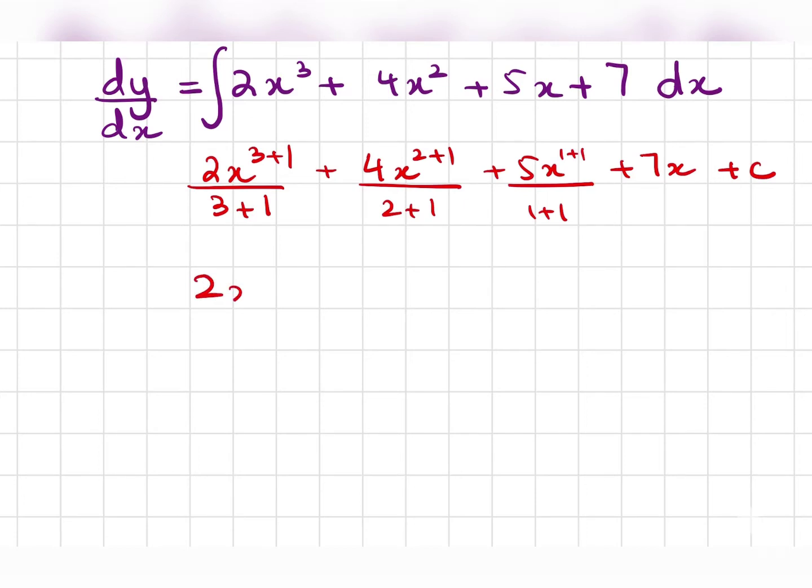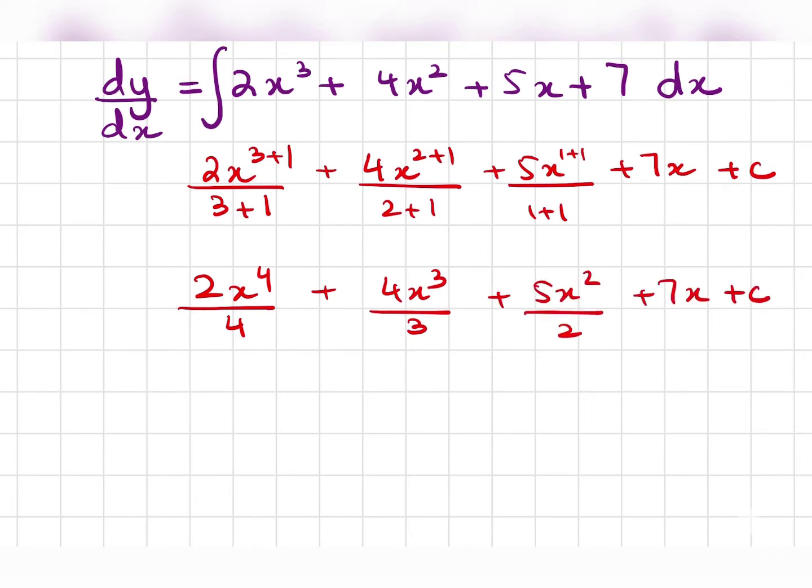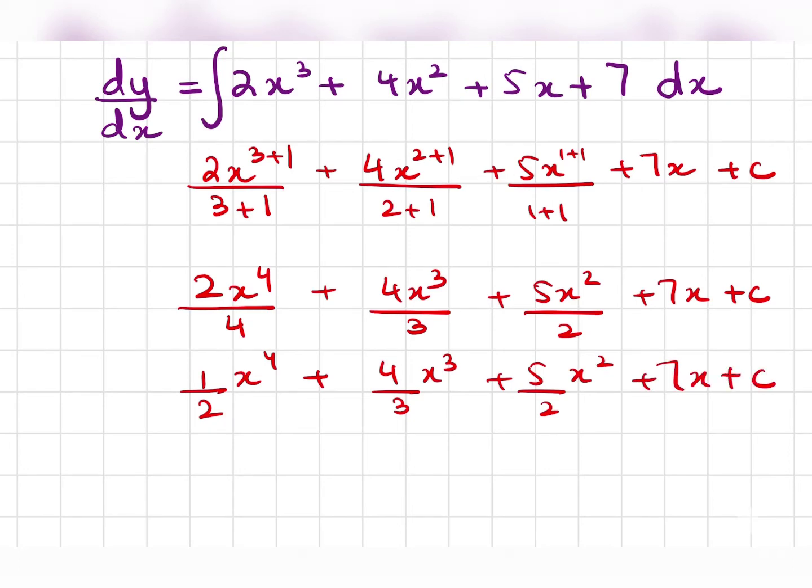So 2x to the power of 4 divided by 4 plus 4x cubed divided by 3 plus 5x squared divided by 2 plus 7x and plus c. This can further simplify into 1 over 2 x to the power of 4 plus 4 over 3 x cubed plus 5 over 2 x squared plus 7x plus c, and that's your final answer. See how simple it is?